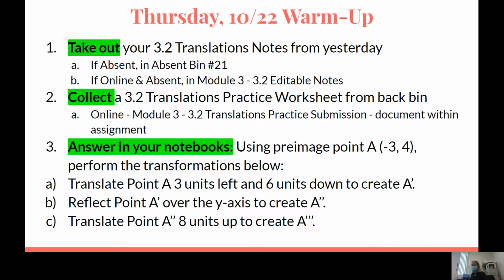All right, so definitely write down that warm-up because that's looking like a lot of problems we're about to do today. So definitely write down the warm-up question, please and thank you.